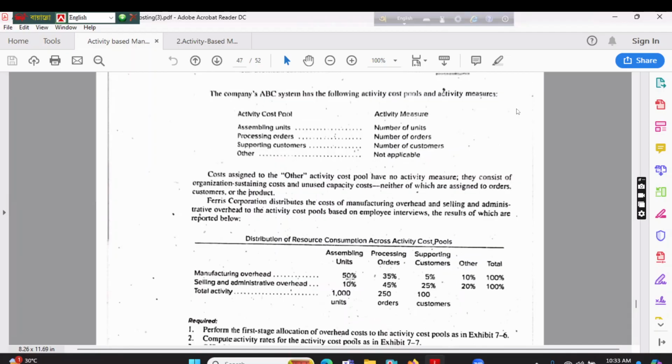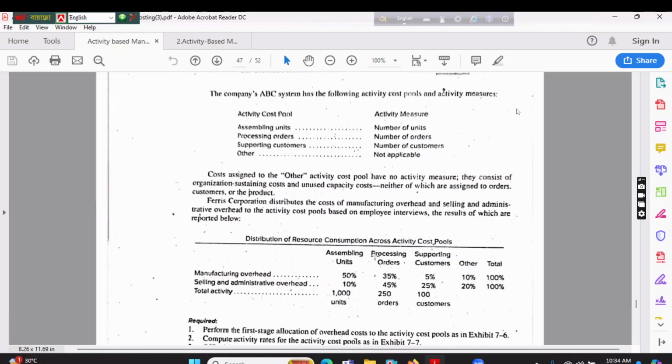Here, the basis of distribution is obtained from interviews of the employees. Manufacturing overhead: assembling units 50%, processing orders 35%, supporting customers 5%, other 10%, total 100%.